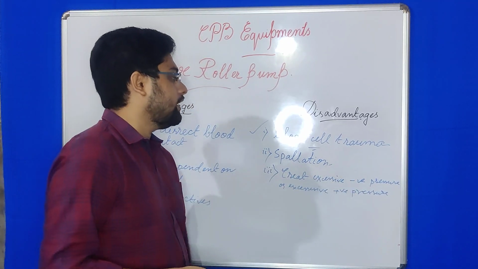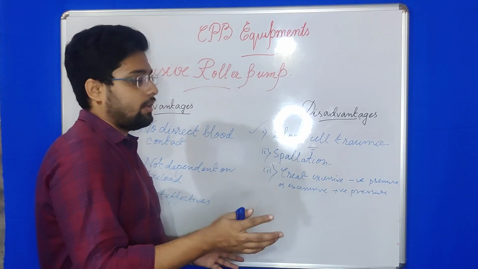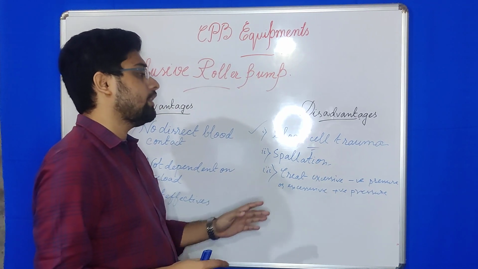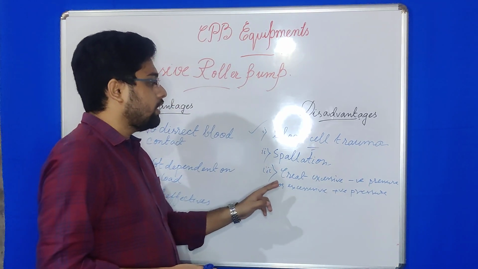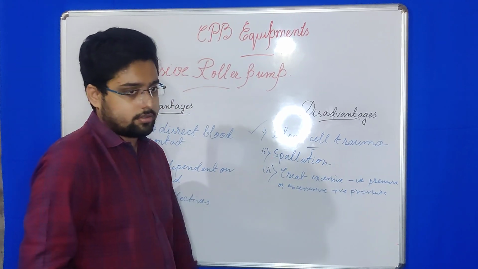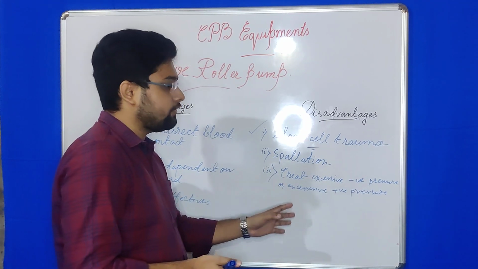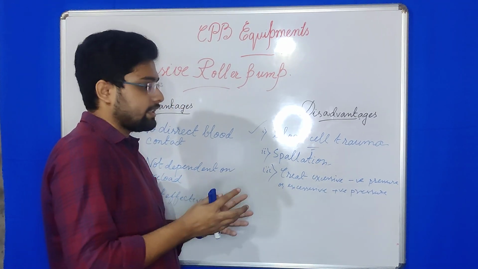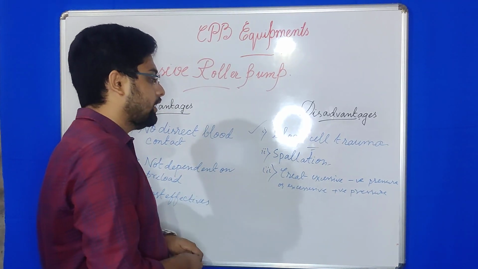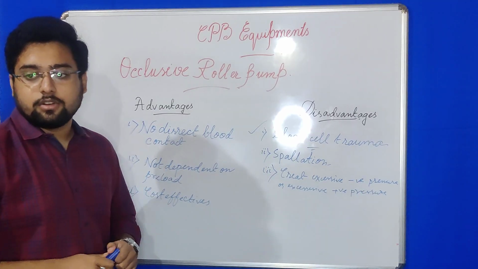And on the opposite hand, if we do not have an adequate level of blood in our reservoir, then the excessive negative pressure will suck air bubbles from the reservoir into the blood circulation. These are the disadvantages of the roller pump.